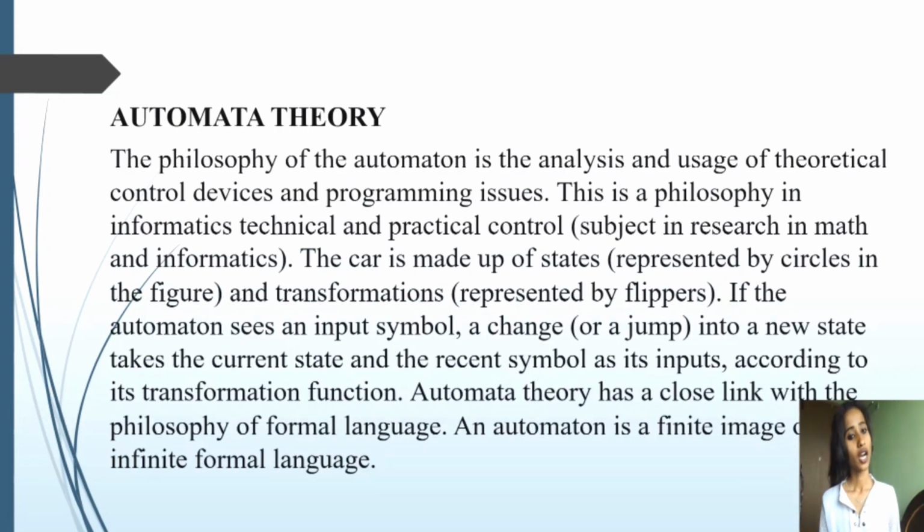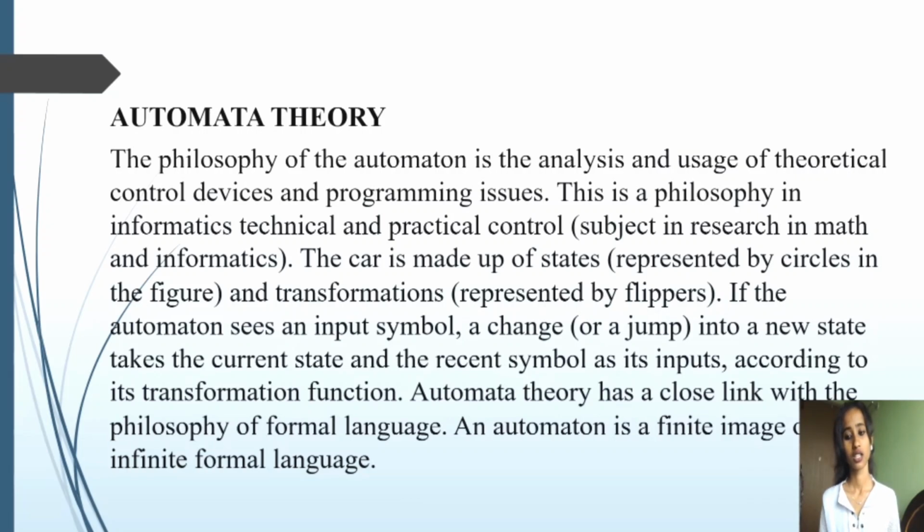Automata theory. The theory of automata is the analysis and usage of theoretical control devices and programming issues. This is a theory in informatics, technical and practical control, a subject of research in math and informatics. The automaton is made up of states represented by circles in the figure, and transitions.